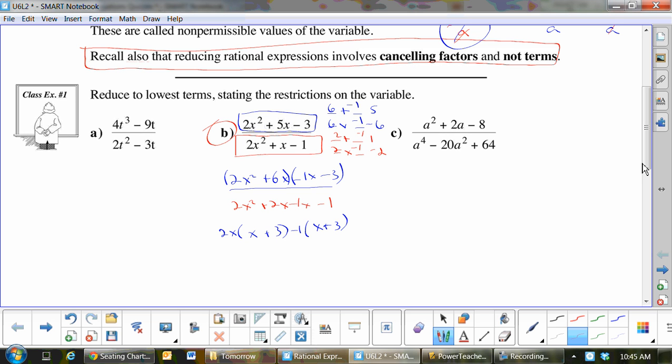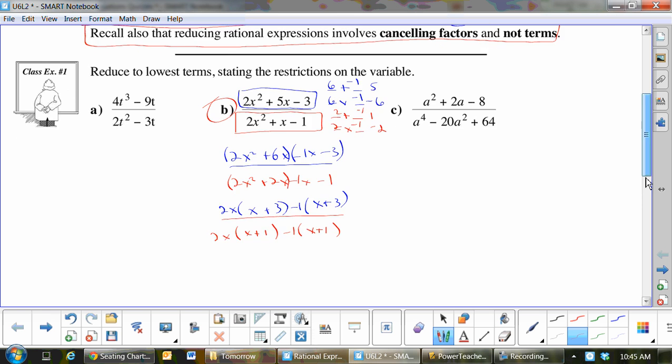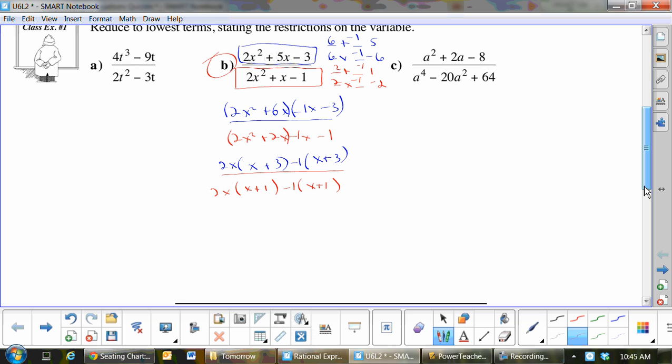Okay, doing the red, I'm going to take out a 2x, not just a 2, but a 2x, and I'm going to have x plus 1. The other one will take out a -1, leaving me with x plus 1. Now we're getting there. You just see all the opportunities to make mistakes.